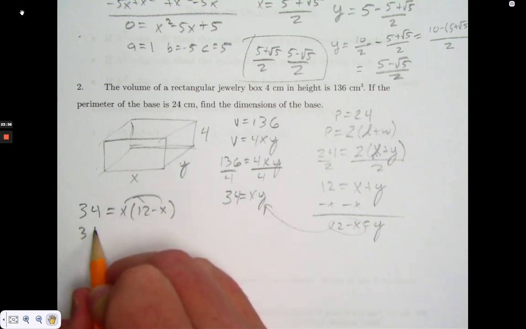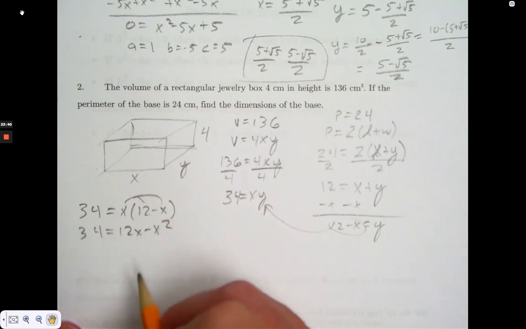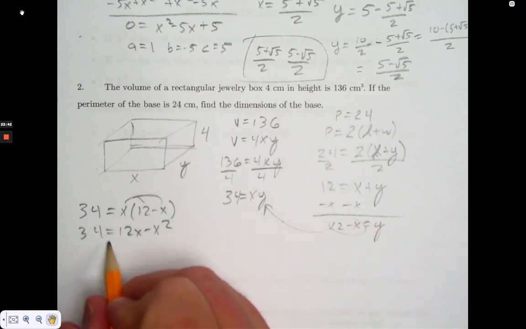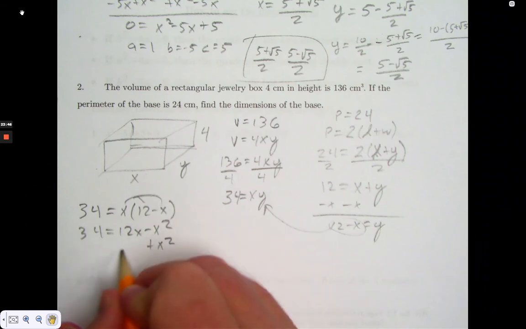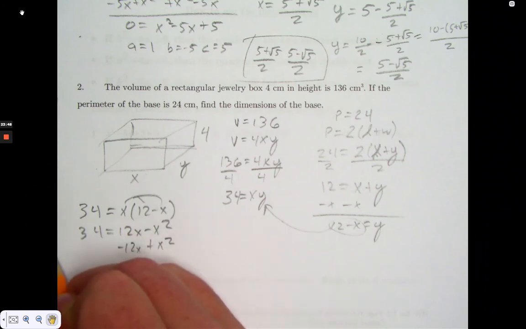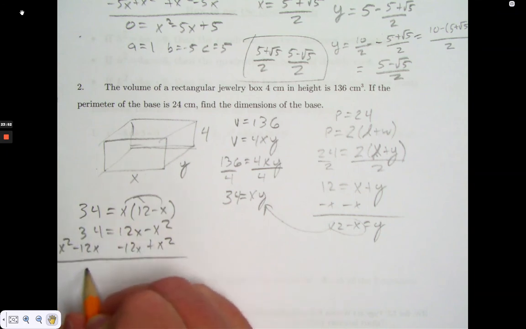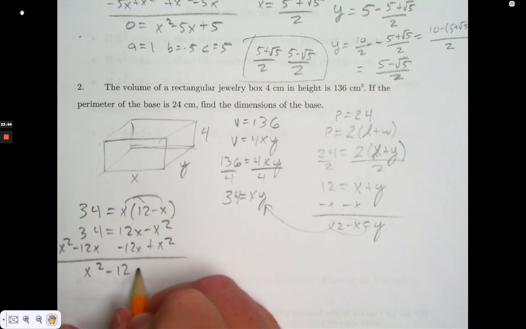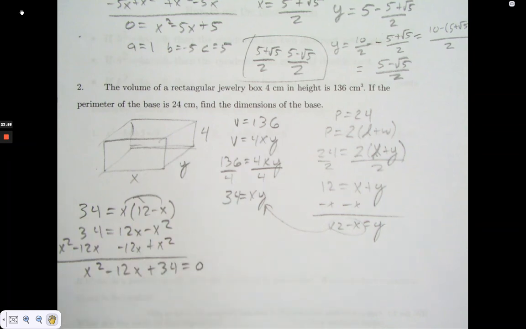So distribute, 34 equals 12x minus x squared. Again, right, we want this to have a positive x squared. So we're going to add x squared and subtract 12x to both sides. And that gives you x squared minus 12x plus 34 equals 0.